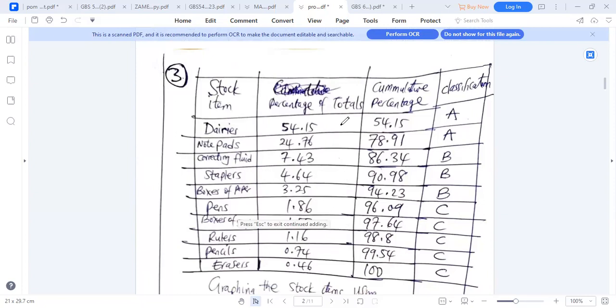Meaning this is number 1, and the cumulative percentage is where we say this 54.15, you add this one to get this. This one you add, you get this one.